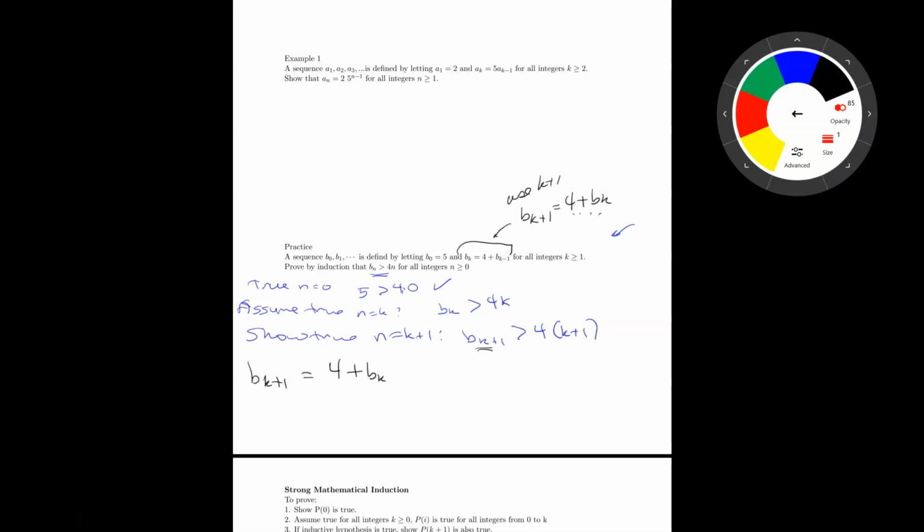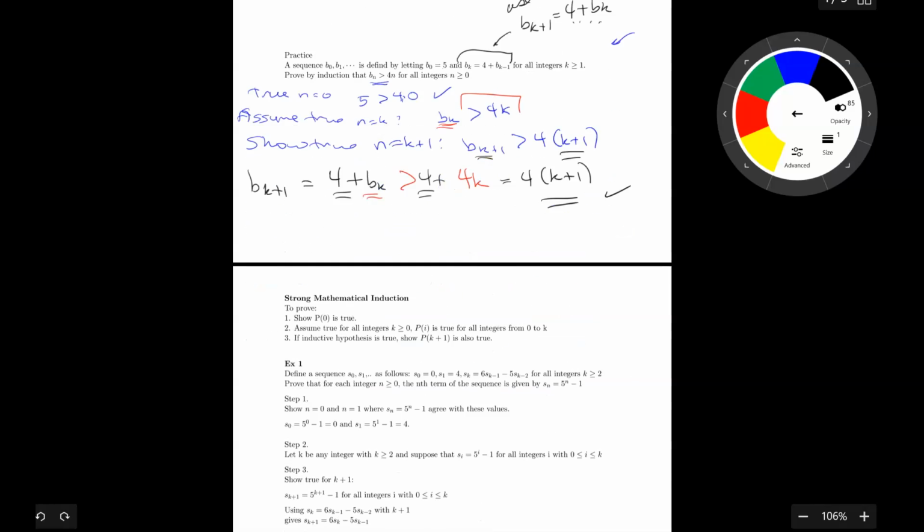My inductive step said you can take out b sub k and you can put in greater than 4k. So I take that out and I put in greater than 4k. And then I just carry along this 4 plus, right, for the ride. Oh my goodness, there it is, isn't it? There's 4 times k plus 1. I got there, right? Check.